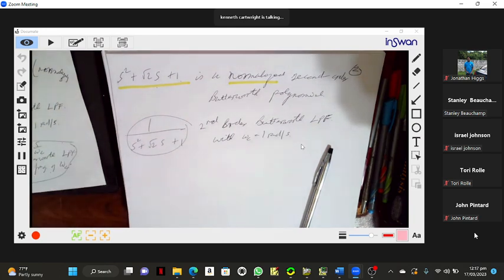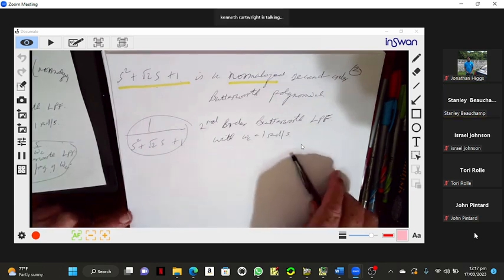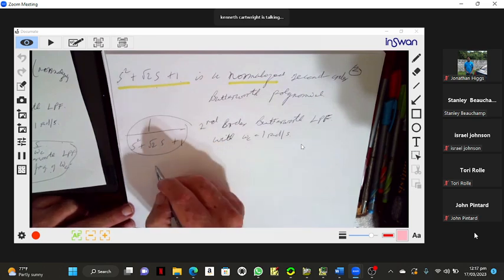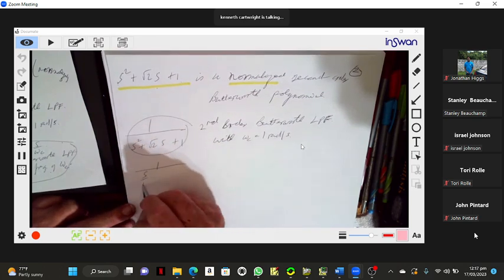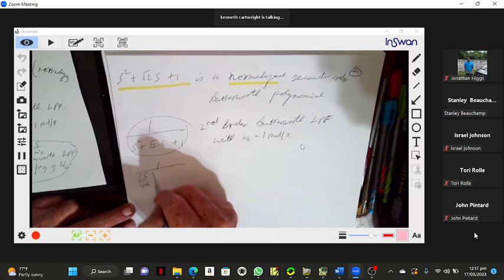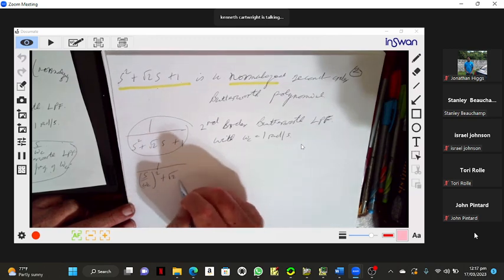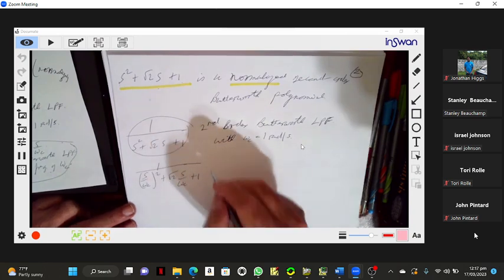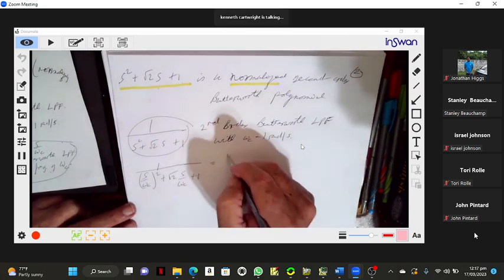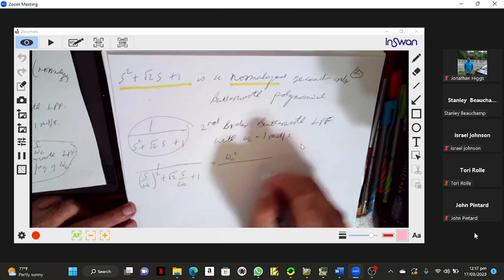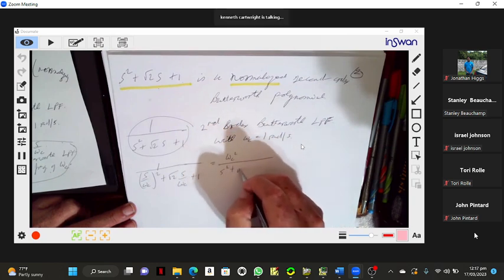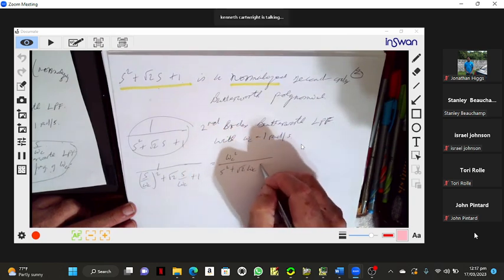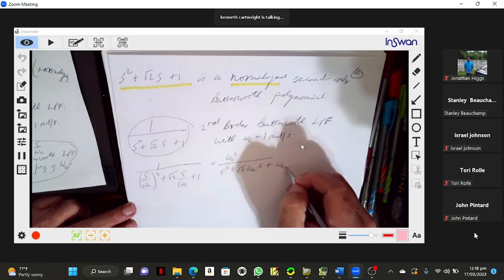You divide all the S by omega C. Wherever I see S, put S divided by omega C. So 1 over (S over omega C) squared plus root 2 S over omega C plus 1. So this is omega C squared over S squared plus root 2 omega C S plus omega C squared.